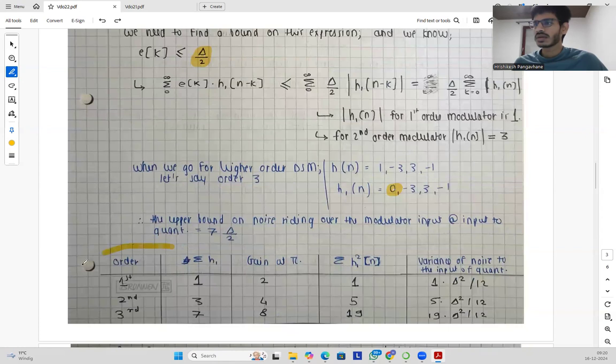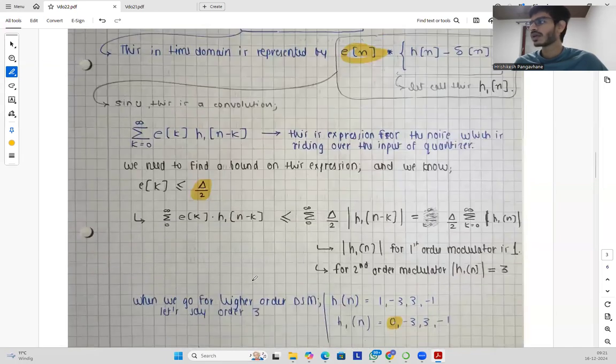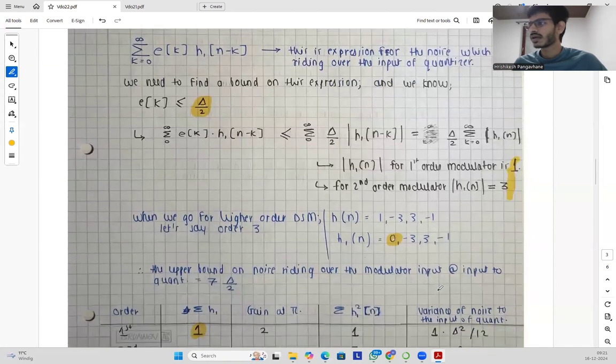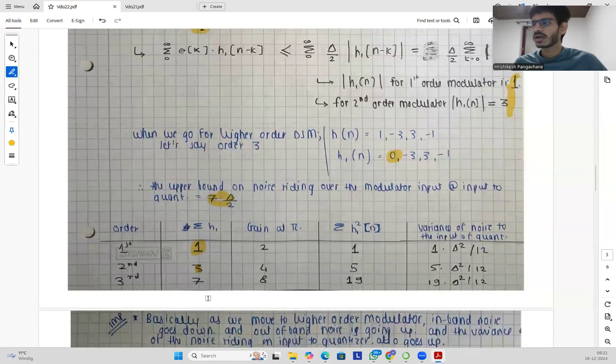If we generalize for first, second, and third order modulators, we have this quantity, this expression over here. For first order, it's 1. For second order, it's 3, we saw it over here. And for third order, it's 7. So the upper bound is delta by 2 for first order, 3 delta by 2 for second order, and 7 delta by 2 for third order.